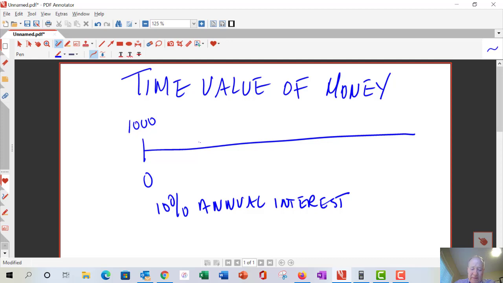At the end of this, we'll have the total value. Okay, so we get to the end of year 1, so we've earned 10% interest over this period of time. Right, so we get 10% on 1,000, and we have $1,100.